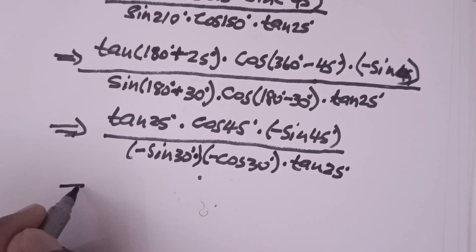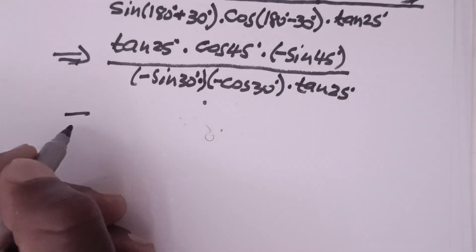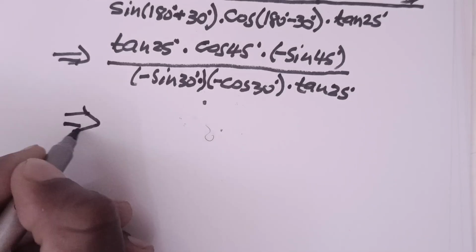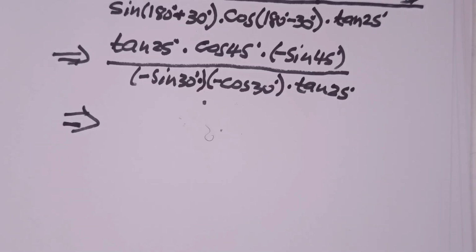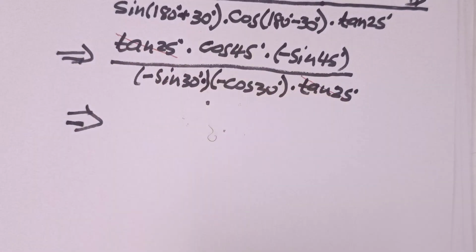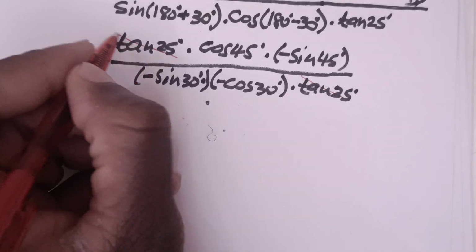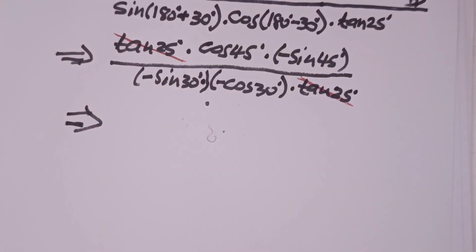You will then realize, student, that the following would then go on. There's a tan 25 here, there's a tan 25 there, so that tan 25 will cancel the other tan 25.